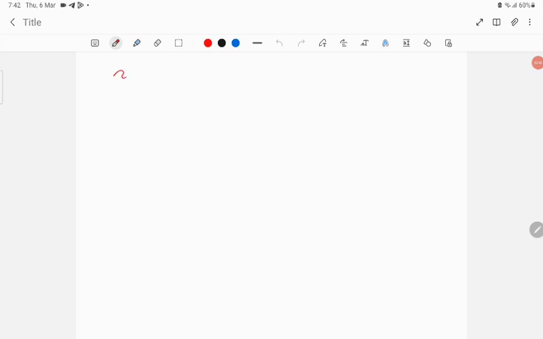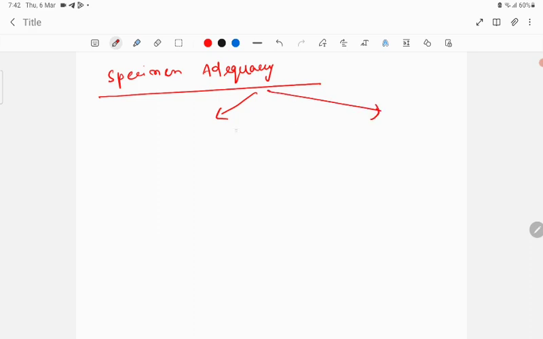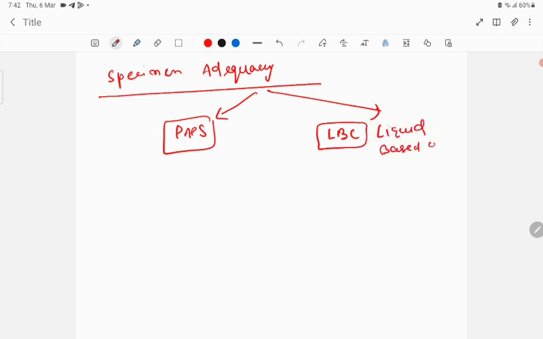We'll talk about specimen adequacy in a PAP smear specimen versus liquid based cytology.